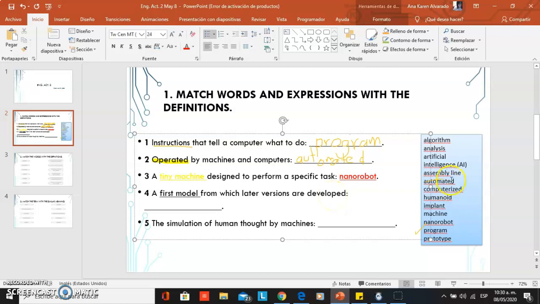Did you know what the answer is? Did you get it or not? Okay, the answer here is, I put a drawing of an airplane in the other presentation. Yes, it's prototype. So you can write the answer here.